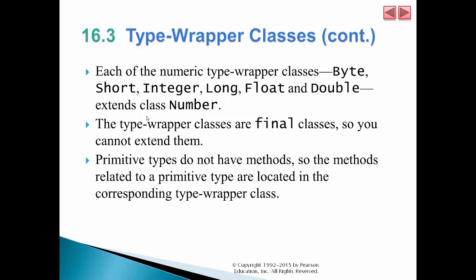The one more thing that you need to know about these type wrapper classes is that they are also final classes, which means that you cannot create child classes out of them. The reason is that in Java, a child class can replace the parent class, and that can cause security issues.